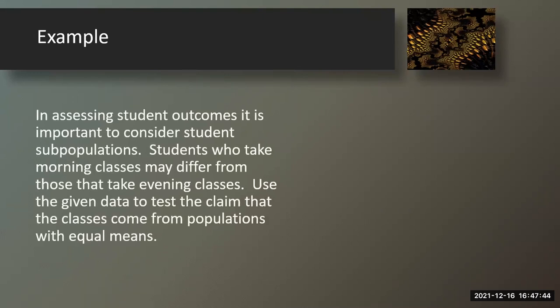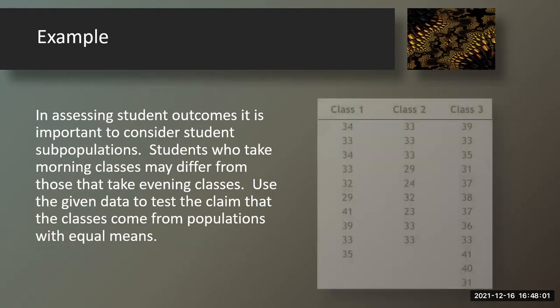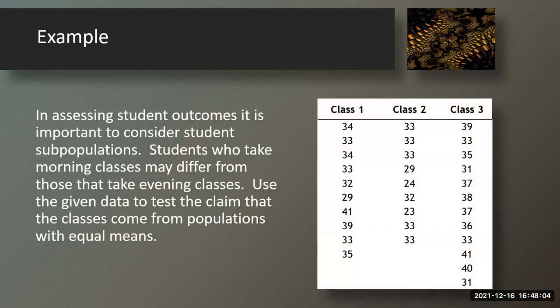In assessing student outcome, it is important to consider student subpopulations. Students who take morning classes may differ from those that take evening classes. We want to use the given data to test the claim that the classes come from populations with equal means. There's my class 1, class 2, class 3.